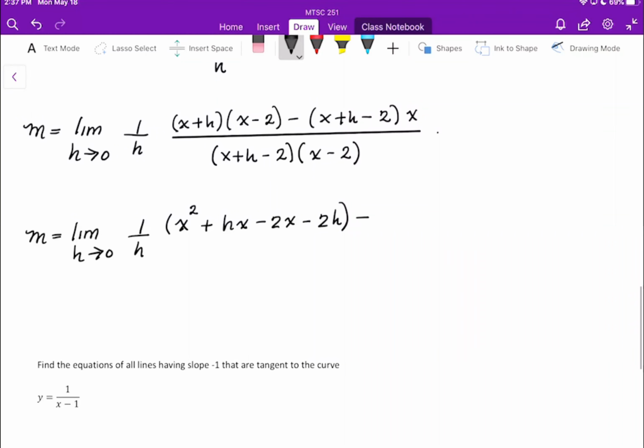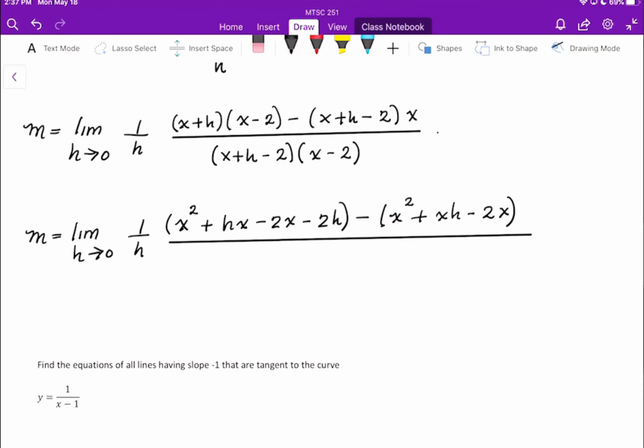Then I'm going to subtract off x squared plus xh minus 2x. And that entire quantity is divided by x plus h minus 2 times x minus 2.